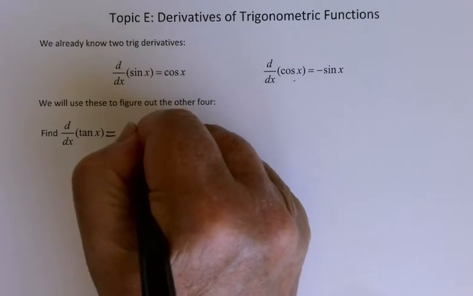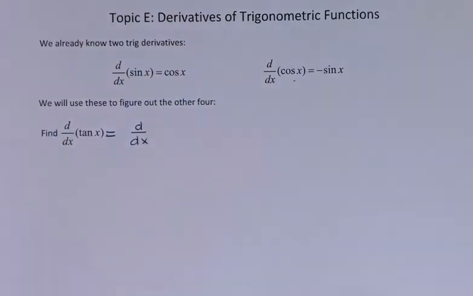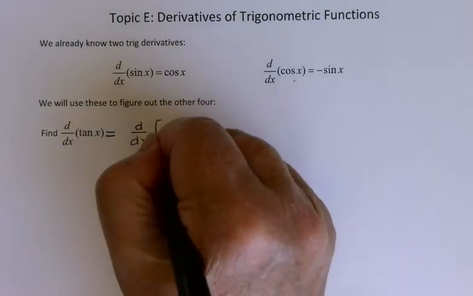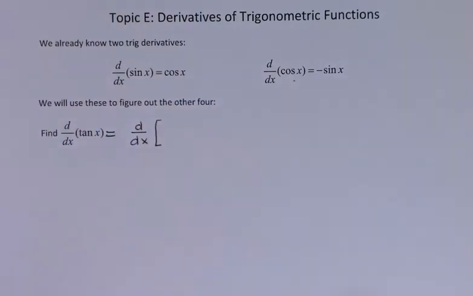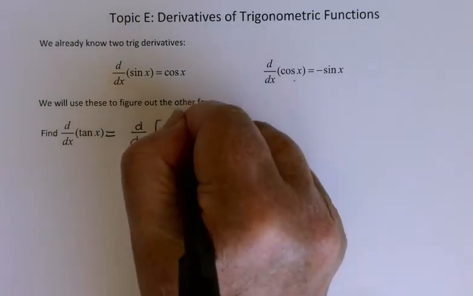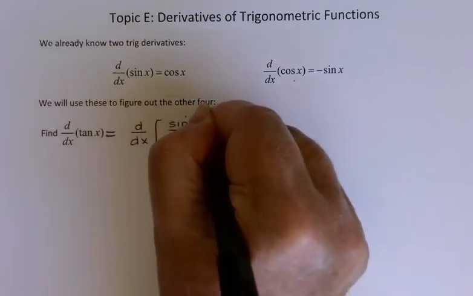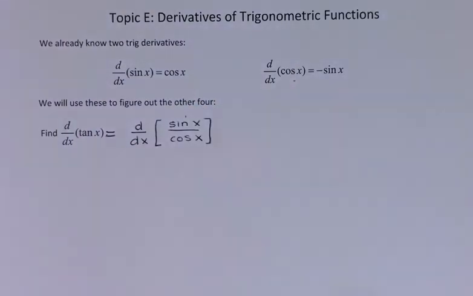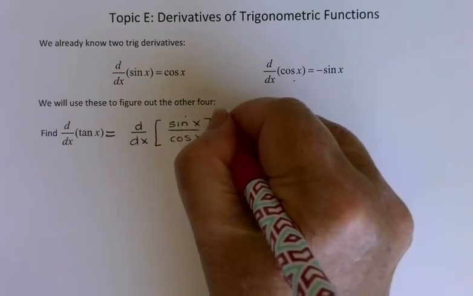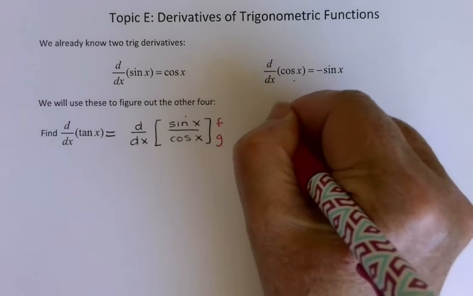So I'm going to use it again. Take the derivative, d dx, of, and then I'm going to rewrite tangent x as sine x divided by cosine x. Just basic trig identity, right? All right. I can clearly see the quotient rule here, f on the top and g on the bottom.